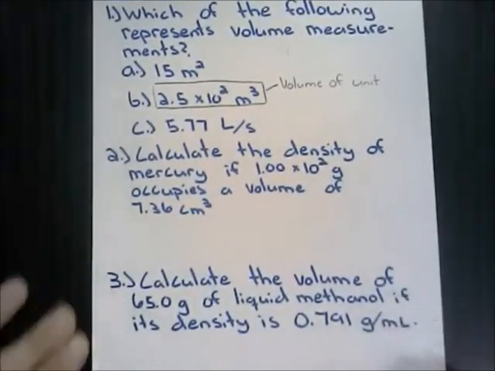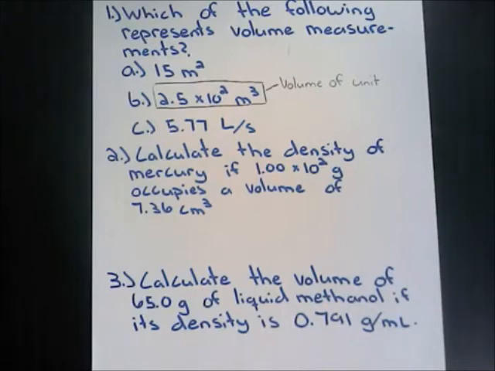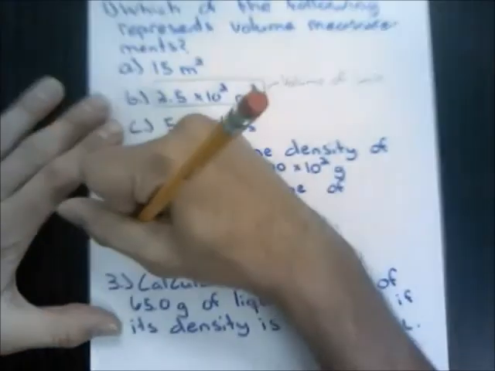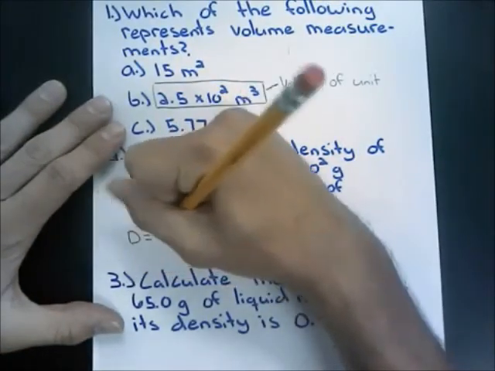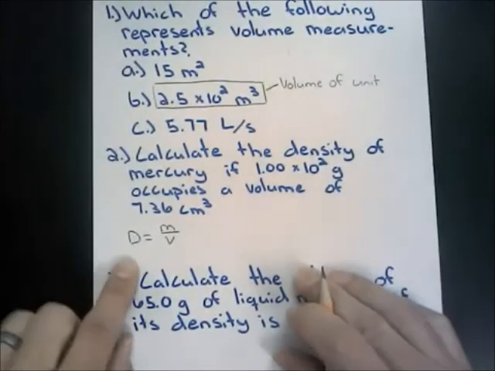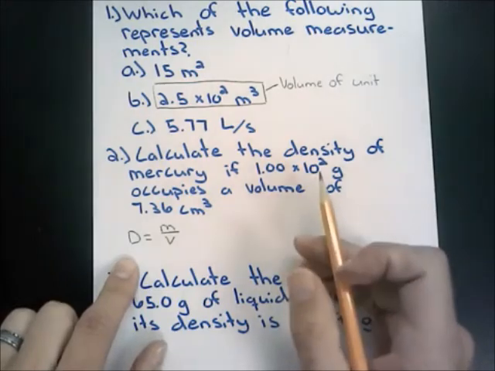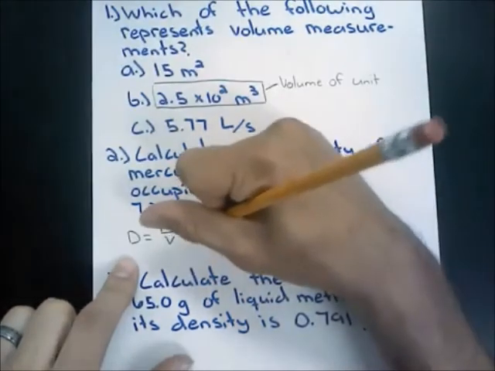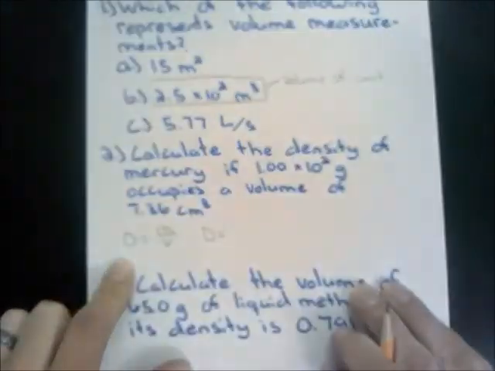So we'll move down here. We want to calculate the density of mercury if we have 1.00 times 10 to the second grams, and that is occupying a volume of 7.36 cubic centimeters. So the first thing that we always need to do is write out our formula. So density equals M for mass divided by volume. Again, it says calculate the density, so our D for density is going to remain as our variable.